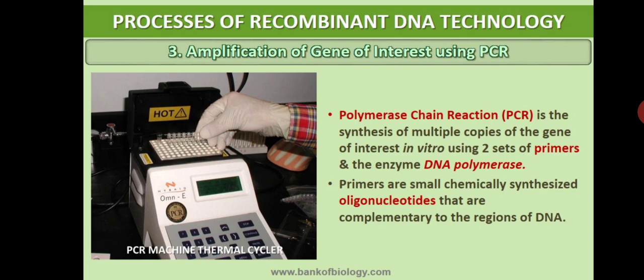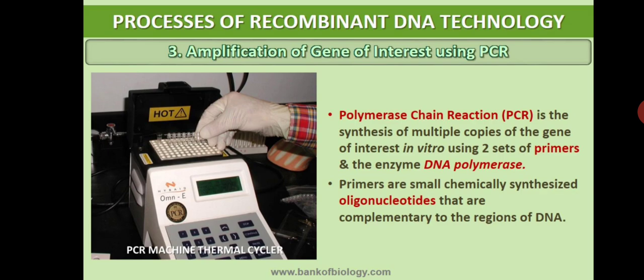Why is PCR also called gene amplification? Amplification is multiplication, increasing the number of the same gene. Therefore, gene amplification or PCR is a process of making many copies of a desired gene.